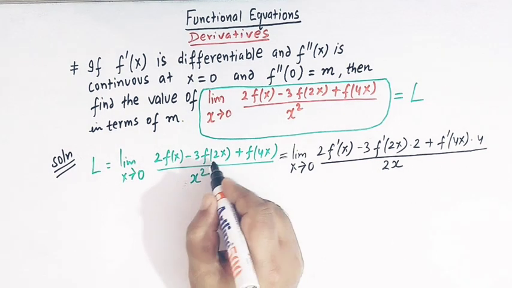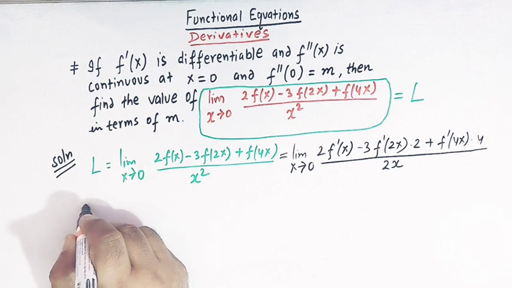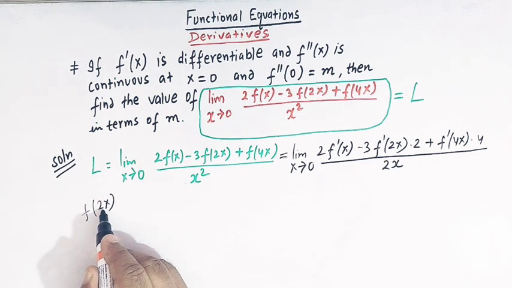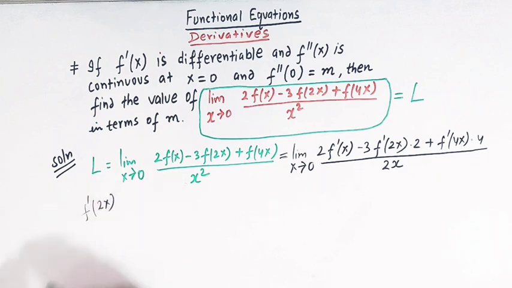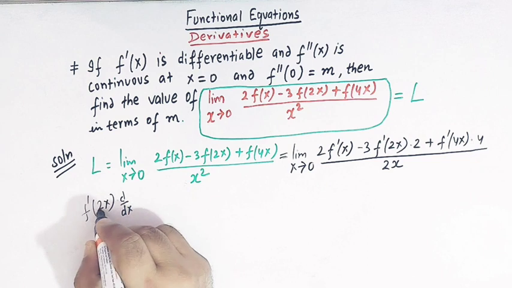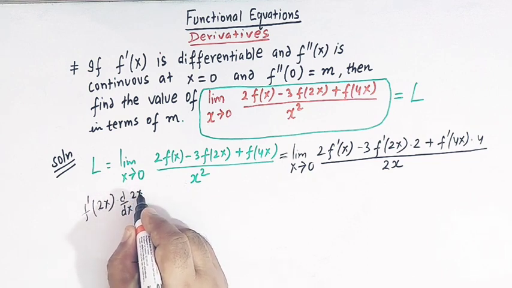So here it is important to note that the derivative of f(2x), see here we have f(2x), so the derivative is f prime of 2x, then we differentiate 2x with respect to x. So we get here the derivative of x is 1. So we are left with 2.